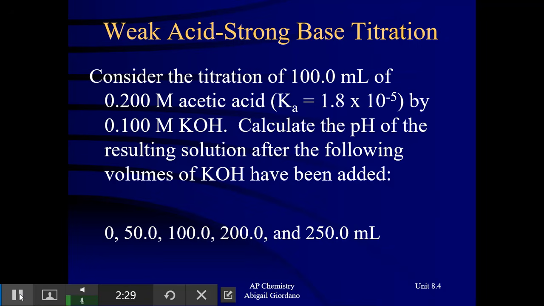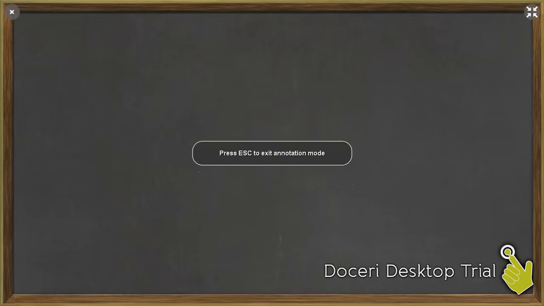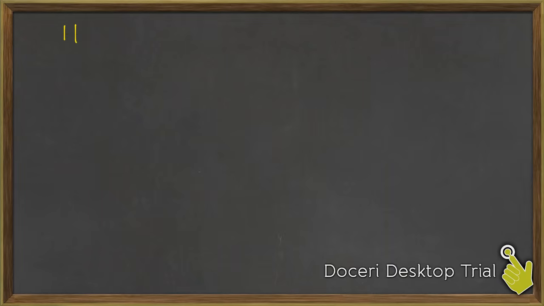To start, 0 means that I have not added any base yet. So let me get to a blank screen here. Okay, so no base has been added. The only major species present are my weak acid, acetic acid, which I'm going to write like this.